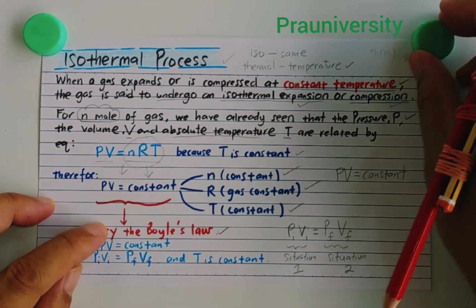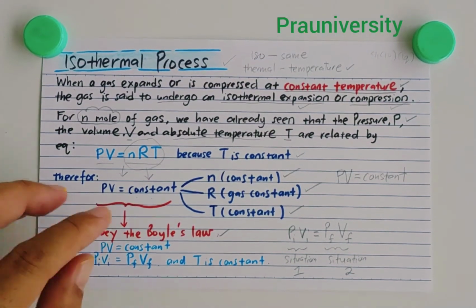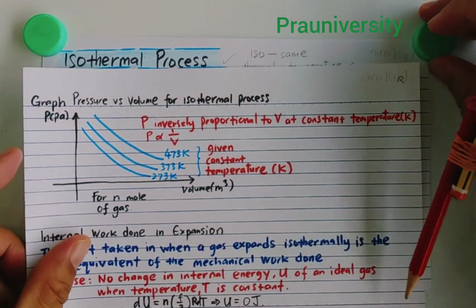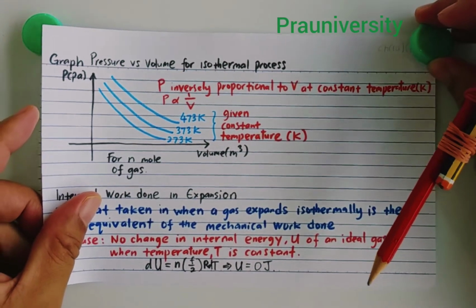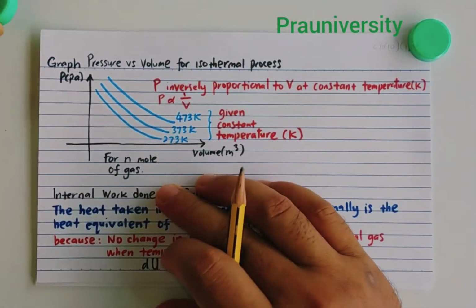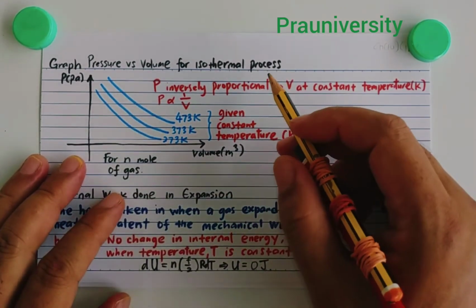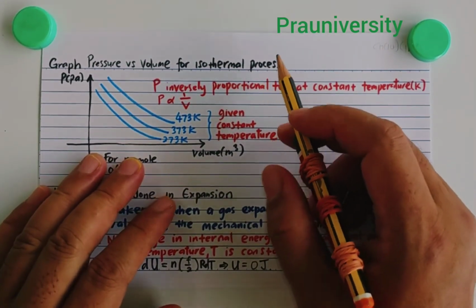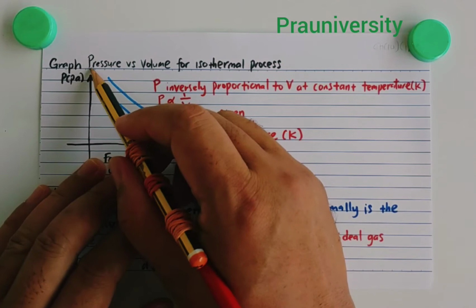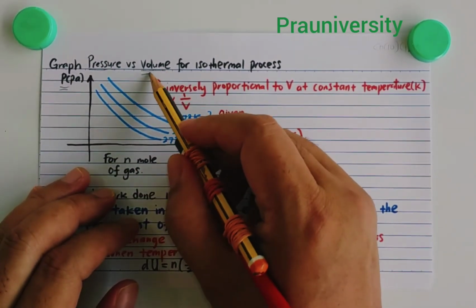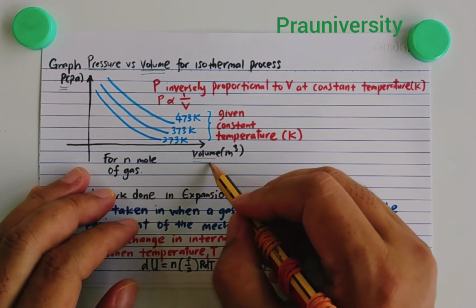We continue with the isothermal process. Now we refer to the graph of pressure versus volume.